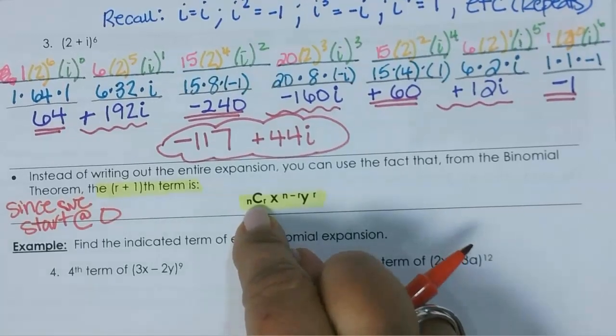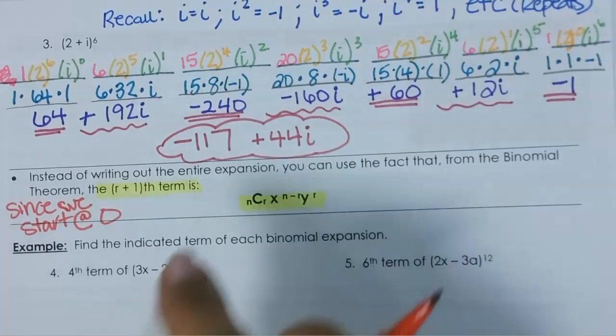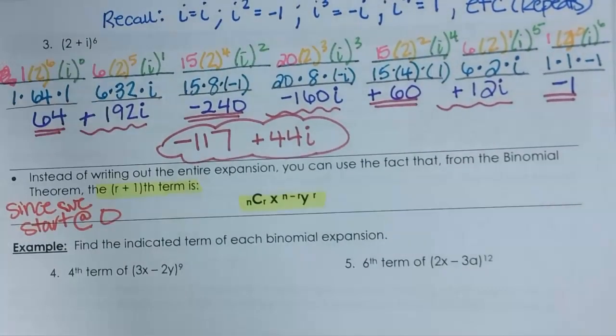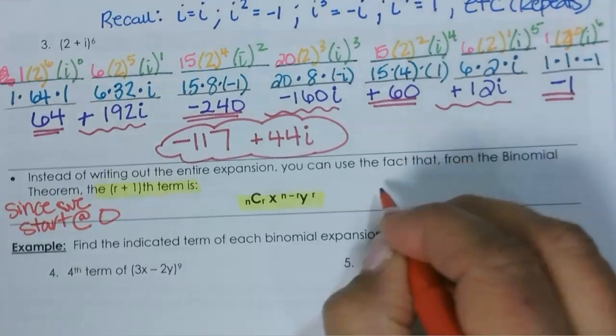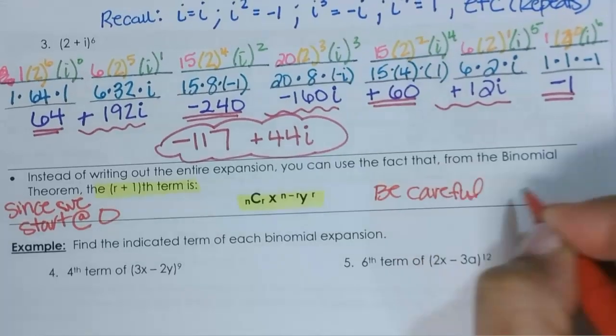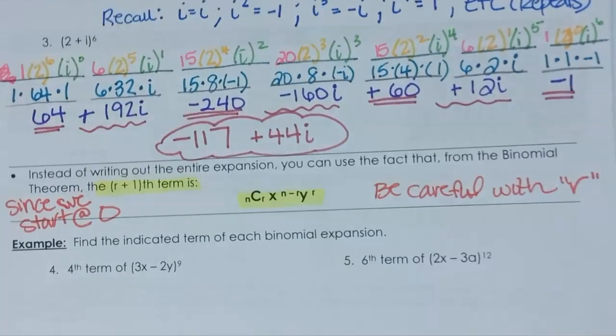I would need to find nC3 for that, okay? Because, again, it's the r plus 1th term. So just be careful with this idea. We'll practice together. Be careful with what your r is. I'll try to show you how to do that.